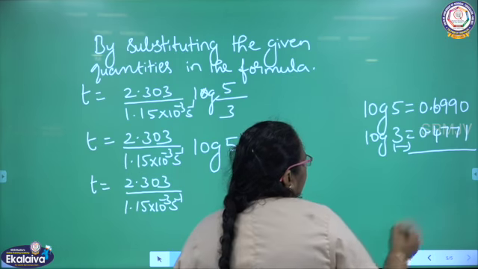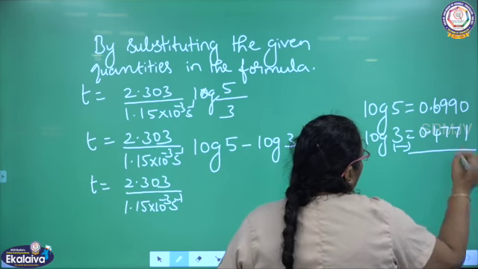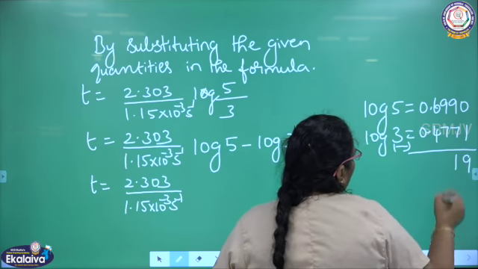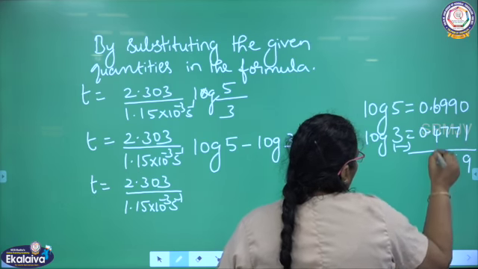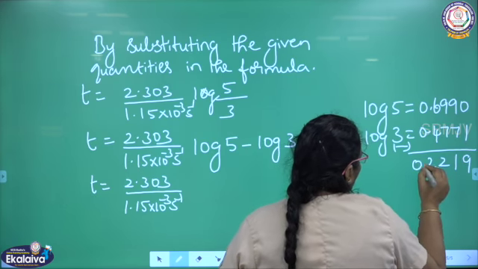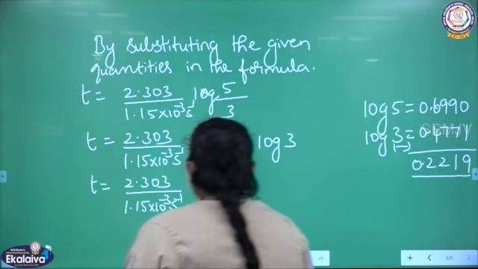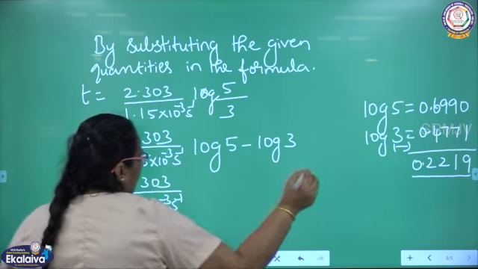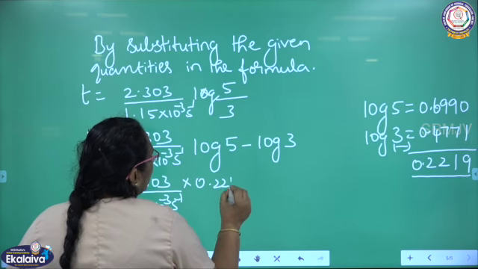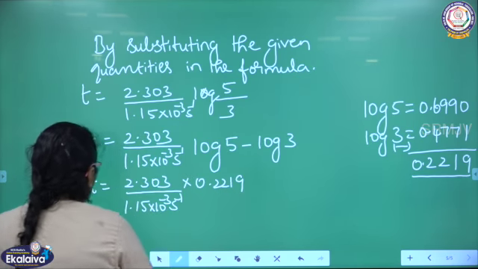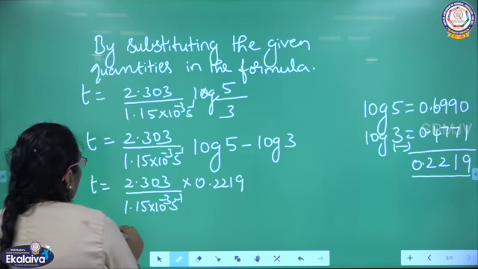What you will get? 10 minus 1, 9, 8 minus 7, 1, again 9 minus 7, 2, again 6 minus 4, 2, 0 point. So, log 5 minus log 3, you will be getting 0.2219.